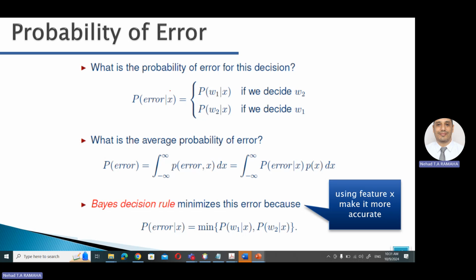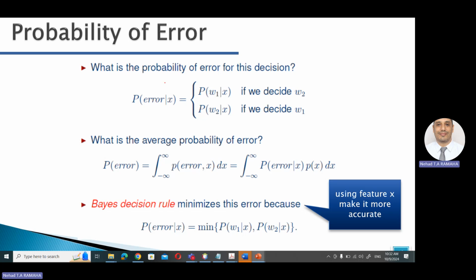So we have to calculate the prior or posterior probability, and if the posterior probability for a specific class is greater than the other class, then we take the decision to select that class that has the greater posterior probability.